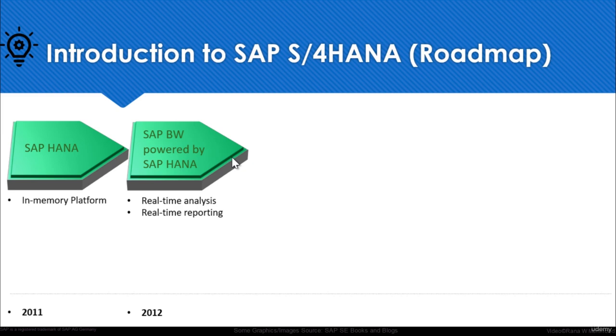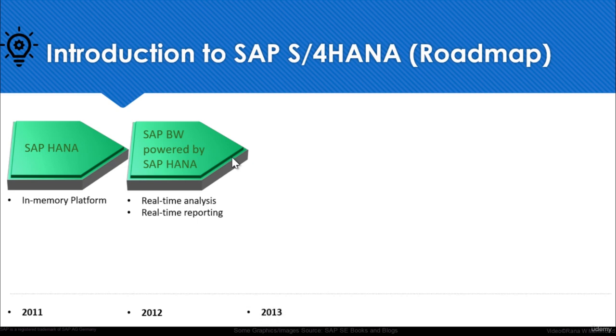Just before I go further, I want to explain a little bit about SAP HANA database. SAP S4HANA can run only on SAP HANA database because it is natively built on SAP HANA. So it inherits all the capabilities of this powerful in-memory data management, column-oriented tables, multi-core processors, and application platform.